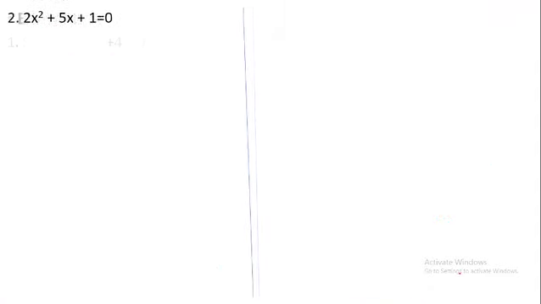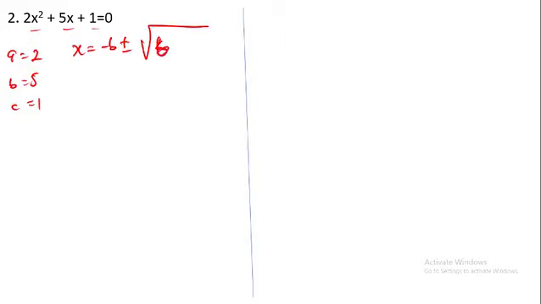Okay, let's take example number 2. 2x squared plus 5x plus 1. Okay, we have our a to be equal to 2, our b is 5, and our c is 1. We apply x to be equal to minus b plus or minus the square root of b squared minus 4ac all over 2a.